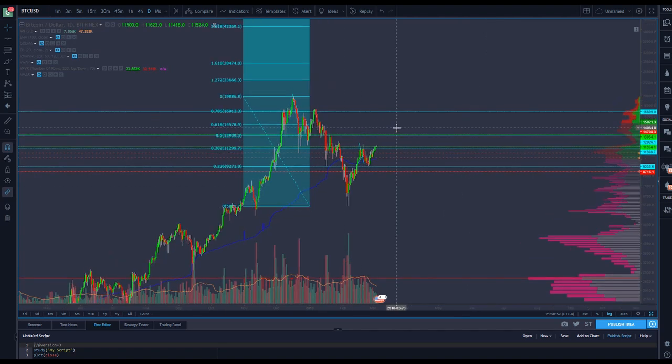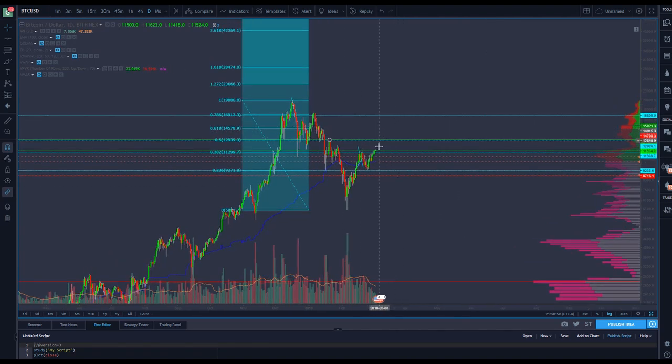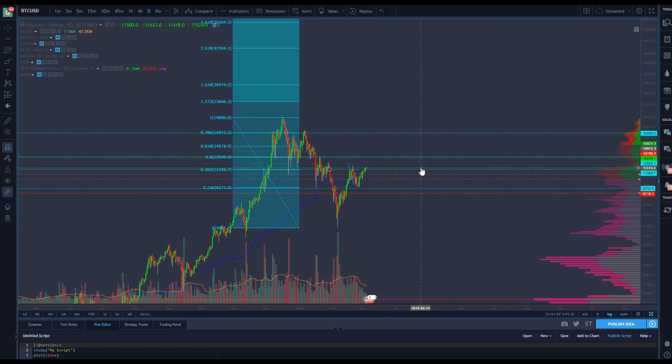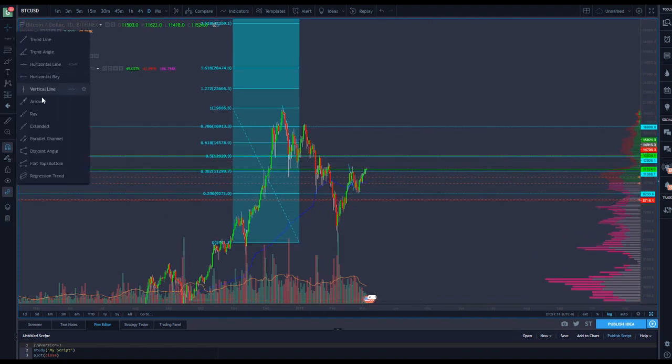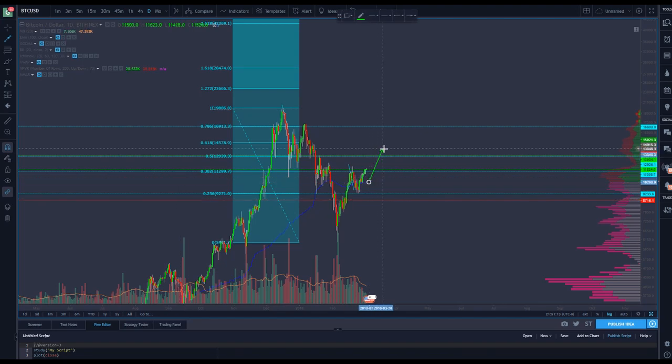So that's my price prediction for the short term. It's either 13,000 or 13,500, and then I think there'll be a pullback. Where that pullback will be, we'll just have to wait and see. It'll probably go to the 0.618 fib line and then pull back from there, or the 0.5.